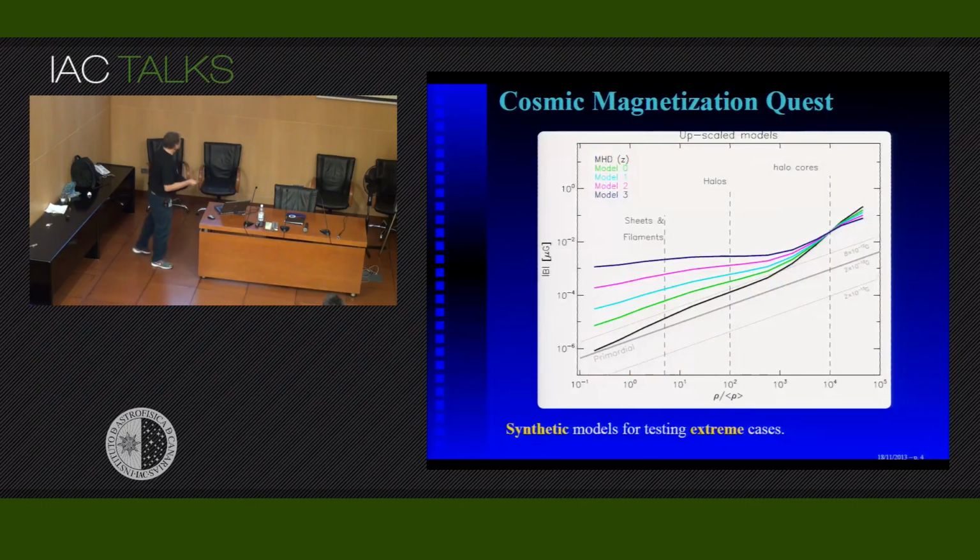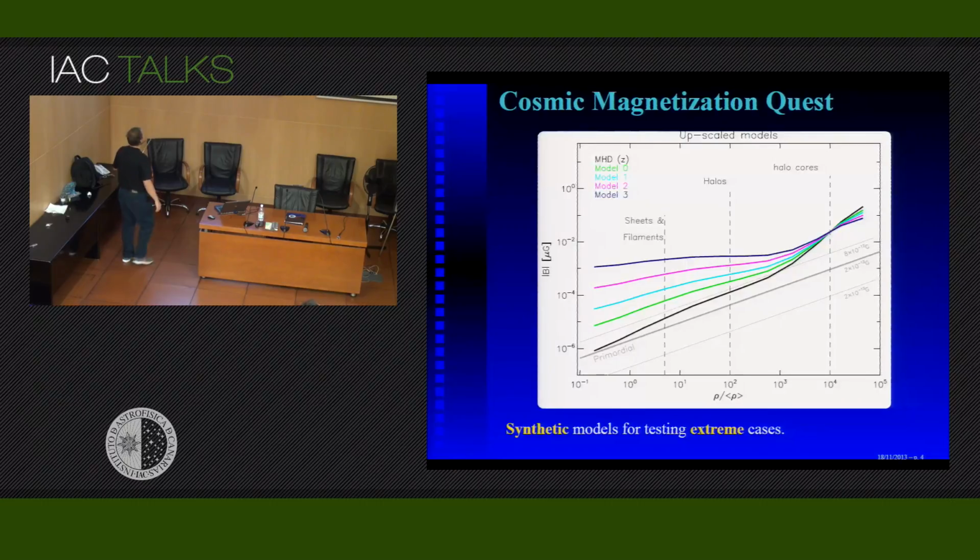And if you want to explore observations, you might also take these models and artificially scale the magnetic field to produce models which have very high magnetic fields in the filament and void regions, just to take into account that there might be some plasma physics effects in the shocks around the filaments or things like that which produce magnetic fields, or that your simulation doesn't resolve the turbulence in these regions.